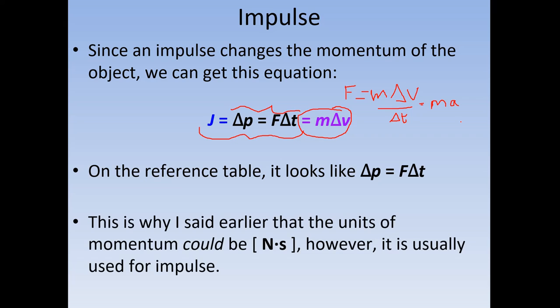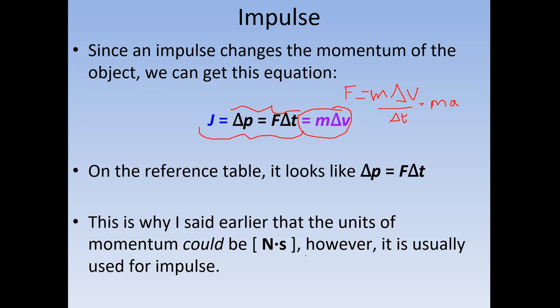I also want to mention that this is actually why I said that momentum could be used in the units of Newton seconds. It's typically used for impulse. A perfect example: Regents questions will typically have impulse be measured in Newton seconds and momentum be kilogram meters per second.